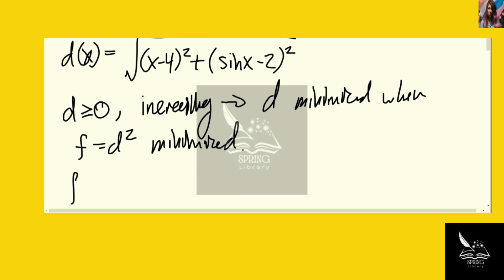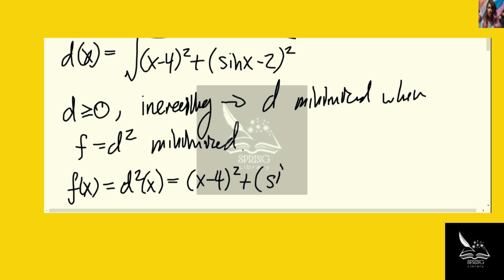The function f of x, this is d squared of x, which is (x minus 4) squared plus (sine of x minus 2) squared.